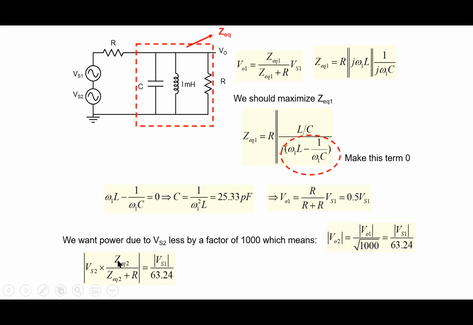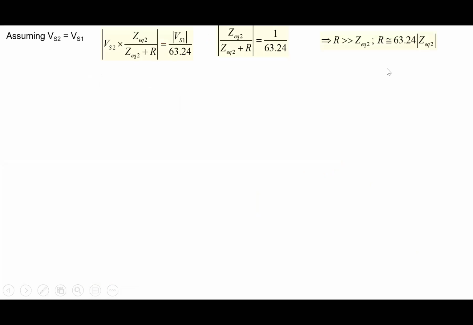Now, Z equivalent 2 is this. We have already chosen the value of C, so this whole thing is evaluated at omega 2. Z equivalent 2 plus R should be VS1 by 63.24 here. Z equivalent 2 is over here. So from this equation we're getting a value of R. R is 63.24 times Z equivalent 2.